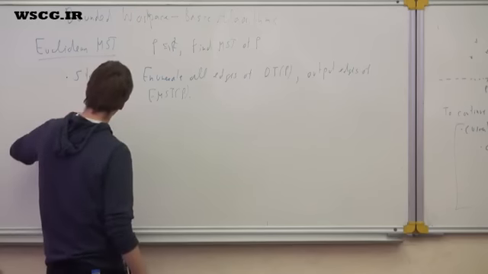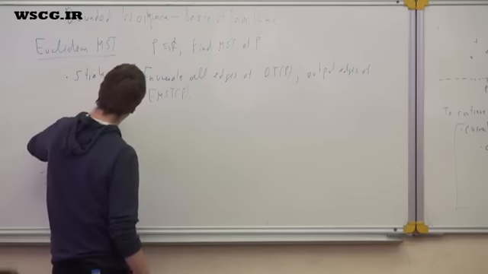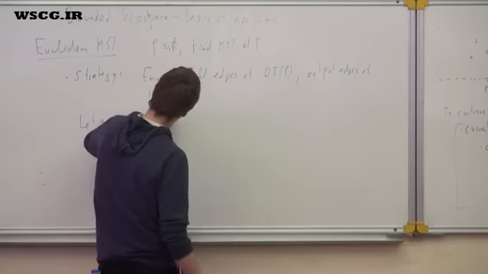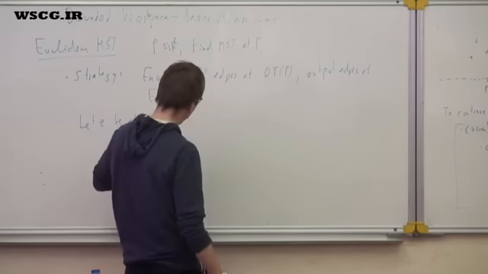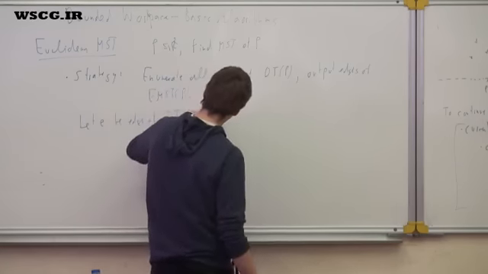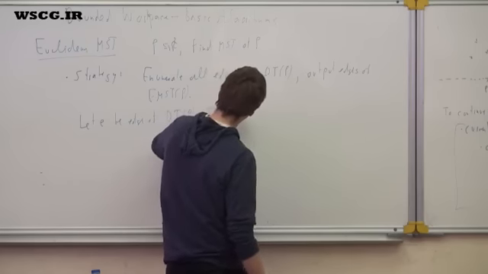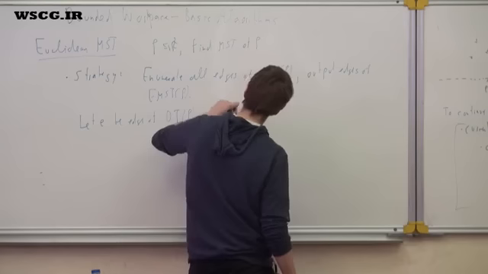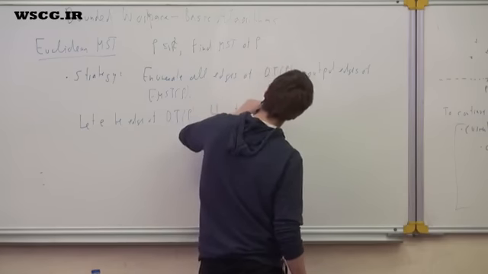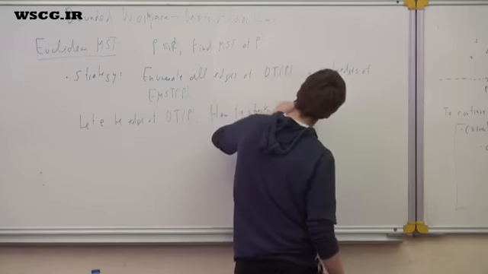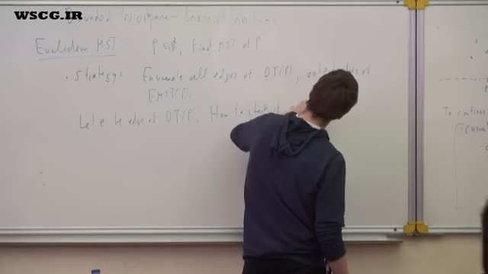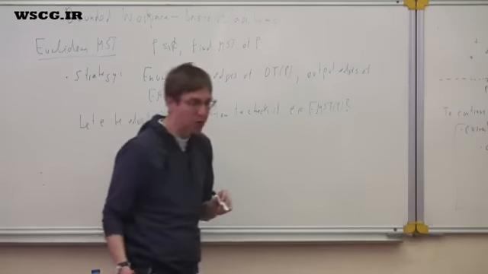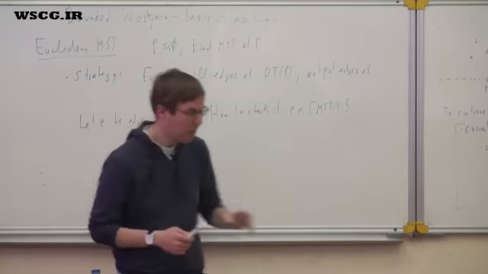So let E be an edge of the Delaunay triangulation of P. How can we check whether E is an edge of the EMST of P? This is the next thing we need to see.